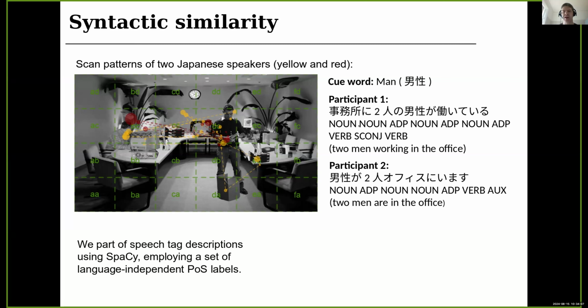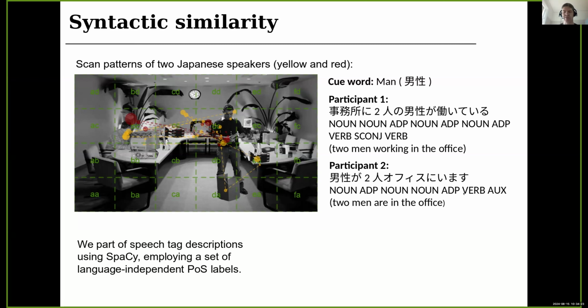So we can compare the part of speech sequences for two participants in the same language, in this case, noun, noun, at position, and this is just noun, at position, noun, noun, and so on.